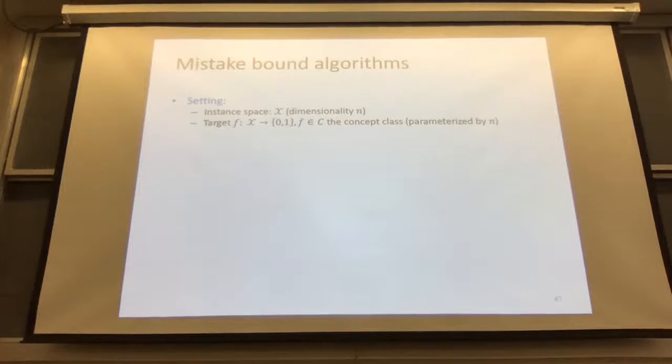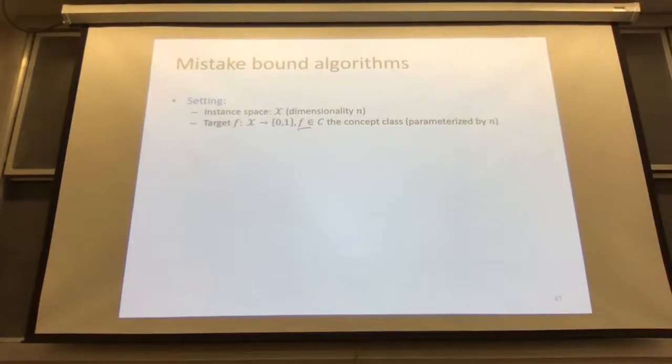As always, we have instances. Our instance space is the set capital X or script X, and it's an n-dimensional space. There are n features. The target function is f, which takes an instance and maps it to a single label, true or false. F is inside the concept class.